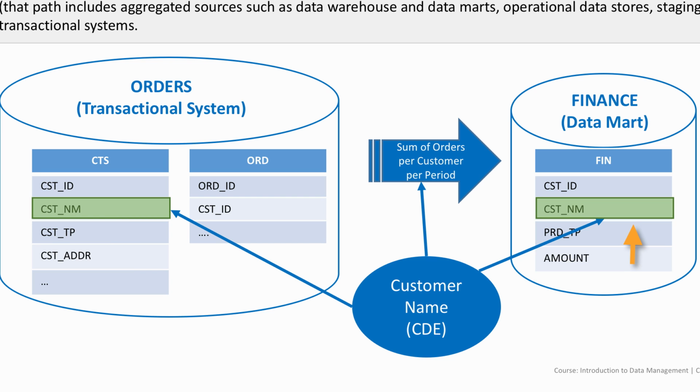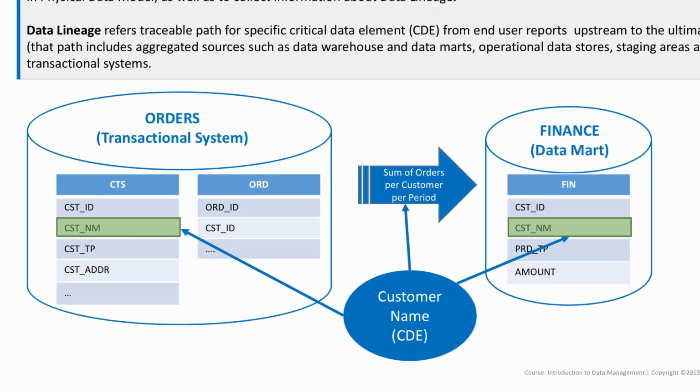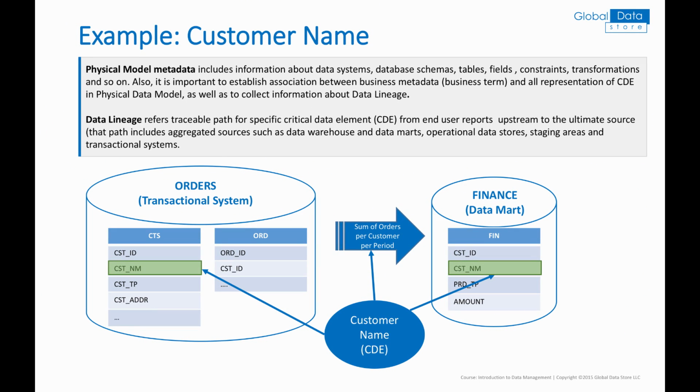For the finance data mart, that is column CSTNM in table FIN. Please note that, with these associations, you are able to trace CDE data flow, starting from business reports, through data marts, transactional systems, upstream, to the ultimate source. That is what data lineage is about.